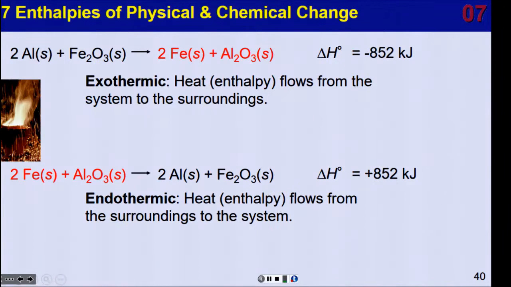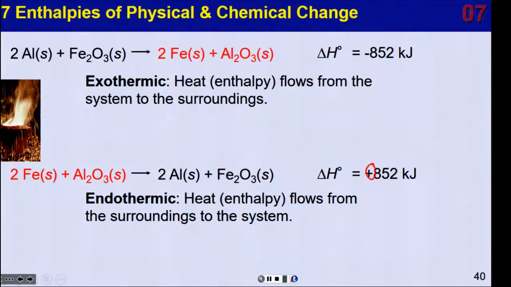So another thing to notice about these things, I showed you the exothermic reaction of the thermite process of aluminum and rust making iron and aluminum oxide, it being an exothermic process. If you could arrange to do it, you could make the reaction happen in reverse. Let's not worry about the technicalities, how that occurs, but if you did run it in reverse, the enthalpy change for that reaction would be the opposite.